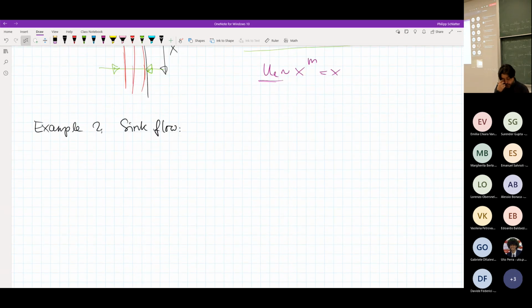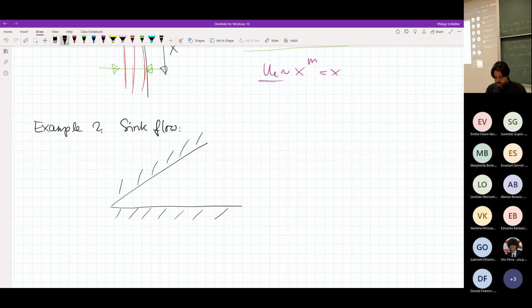So how does a sink flow look like? It looks like this: we have a situation like that. And to make things more interesting, in this case the flow is in this direction. So we have two plates that are straight, and they just decrease as a function of x. Sink flow, of course, means that at some point they will all converge to 0.